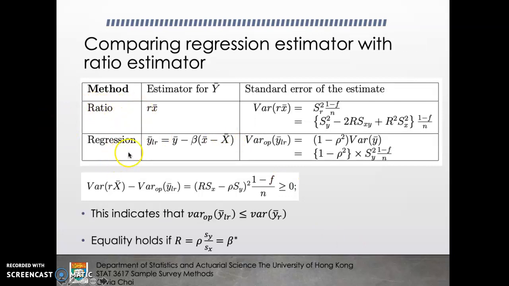Comparing the ratio and the regression. Under the ratio estimator, we find that the estimated variance equals sy squared minus 2r sxy plus r squared sx squared times the common factor. So try to subtract the linear regression estimator. We know these, so sy squared will be gone. The only thing left from this subtraction becomes the square bracket r sx minus rho sx, squared, multiplied by the factor, and this is always greater than or equal to 0.